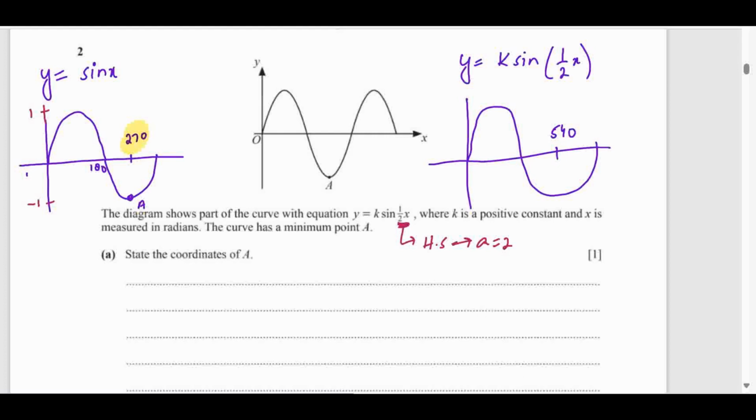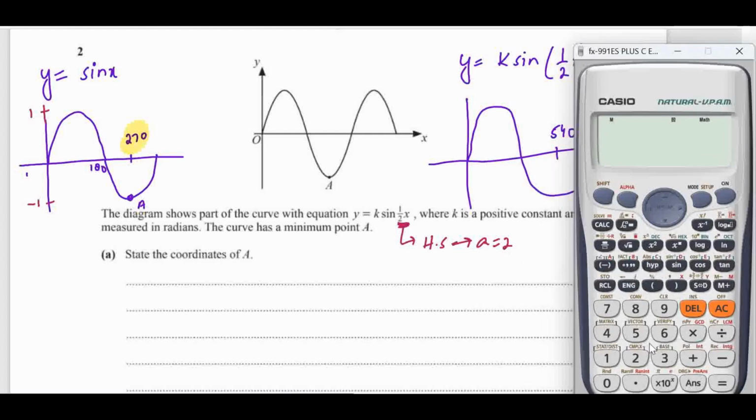Let me check this one: 270 multiplied by 2, because the stretch factor is 2. It's 540. Now 540 is equal to 3 pi.